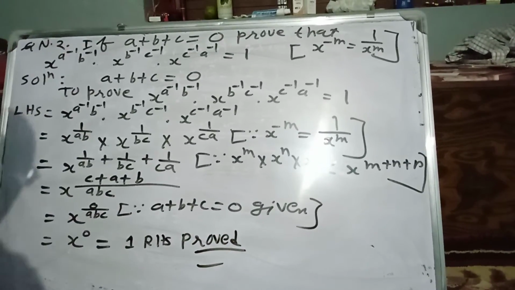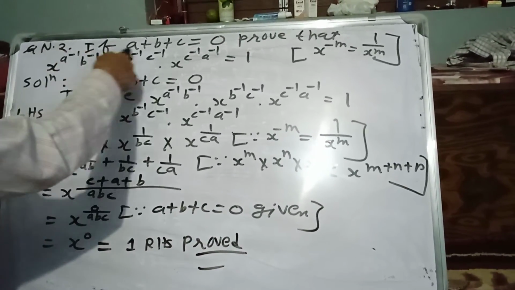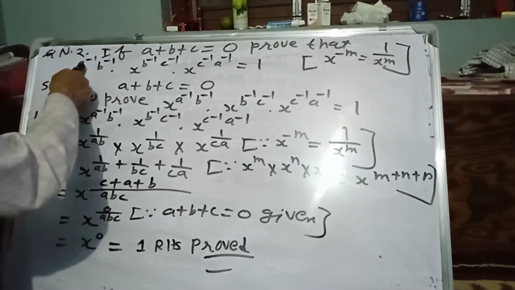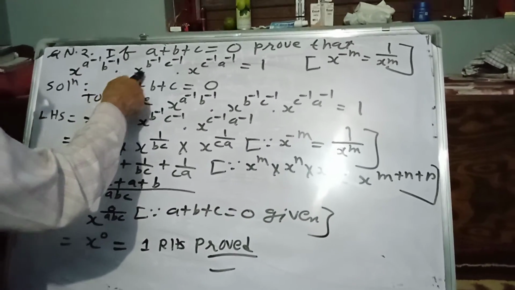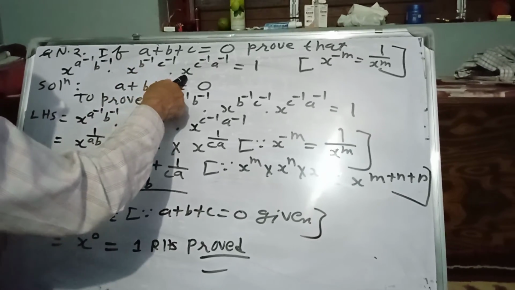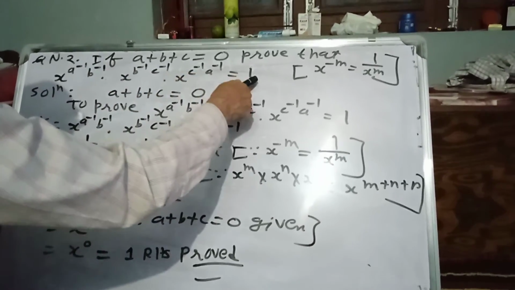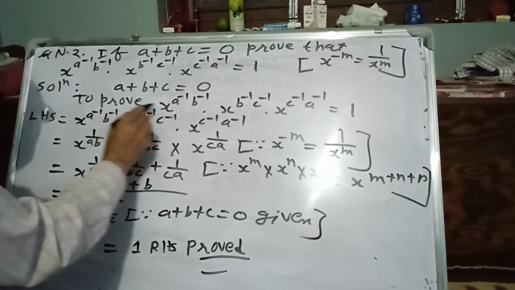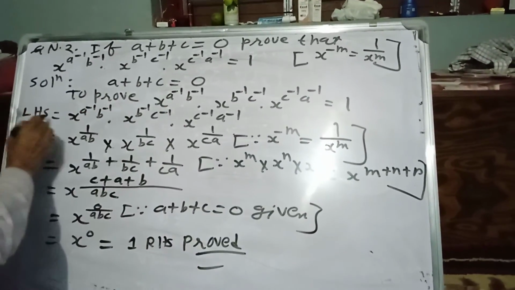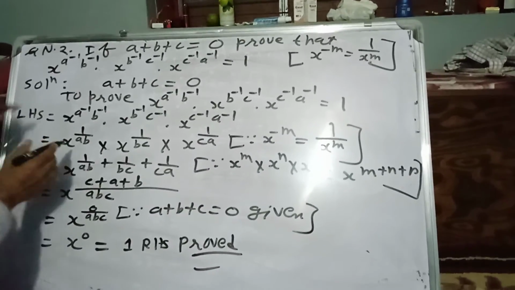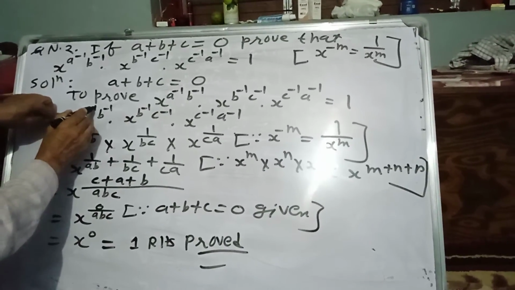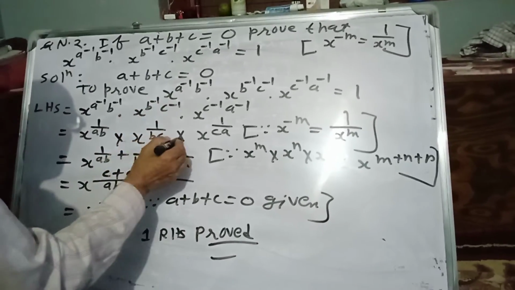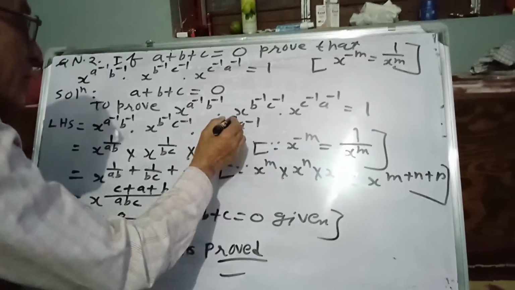Again, finally: if a plus b plus c equals 0, prove that x to the power a inverse b inverse into x to the power b inverse c inverse into x to the power c inverse a inverse equals 1. Solution: a plus b plus c equals 0. To prove, write down the question: x to the power 1 by ab into x to the power 1 by bc into x to the power 1 by ca.